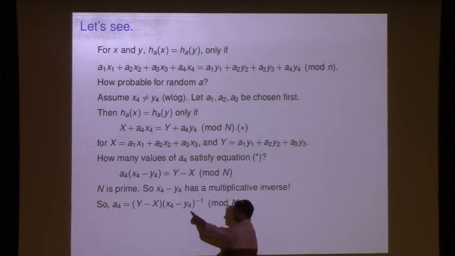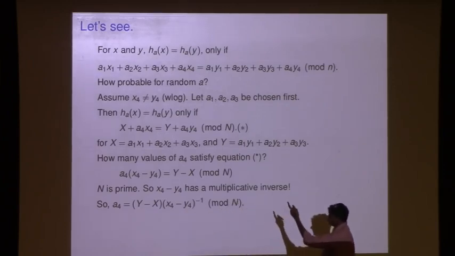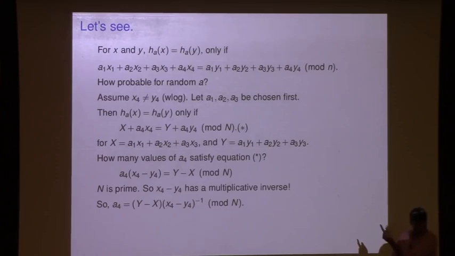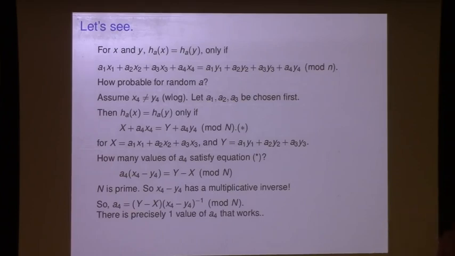Is there a set here, or is this just one value? A4 equals this number. There's only one value where the left-hand side is equal to the right-hand side. Only one choice of A4, because these things have inverses.